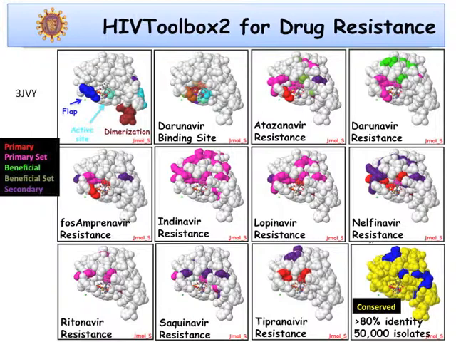A beneficial mutation will undo or counteract a primary mutation. A beneficial set of mutations, if they occur together, will counteract primary mutations. And a secondary set will enhance the effectiveness of primary mutations.